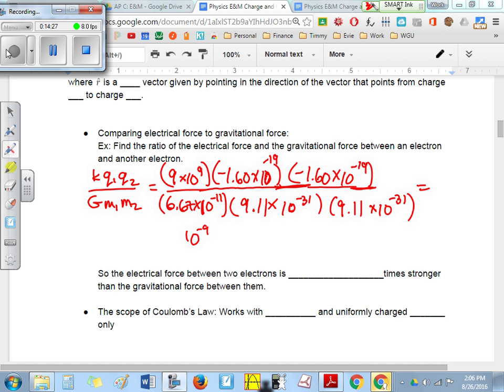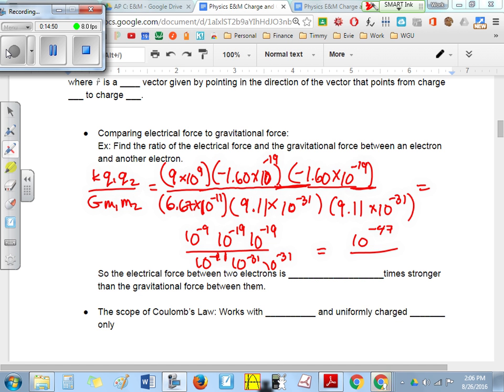So you have 10 to the minus 9th, you have a 10 to the minus 19th, another 10 to the minus 19th, you have a 10 to the minus 11th, you have a 10 to the minus 31st, and a 10 to the minus 31st. So if you look at the top, you basically have 10 to the minus 47. Because you're just combining negative 9, negative 19, and negative 19.